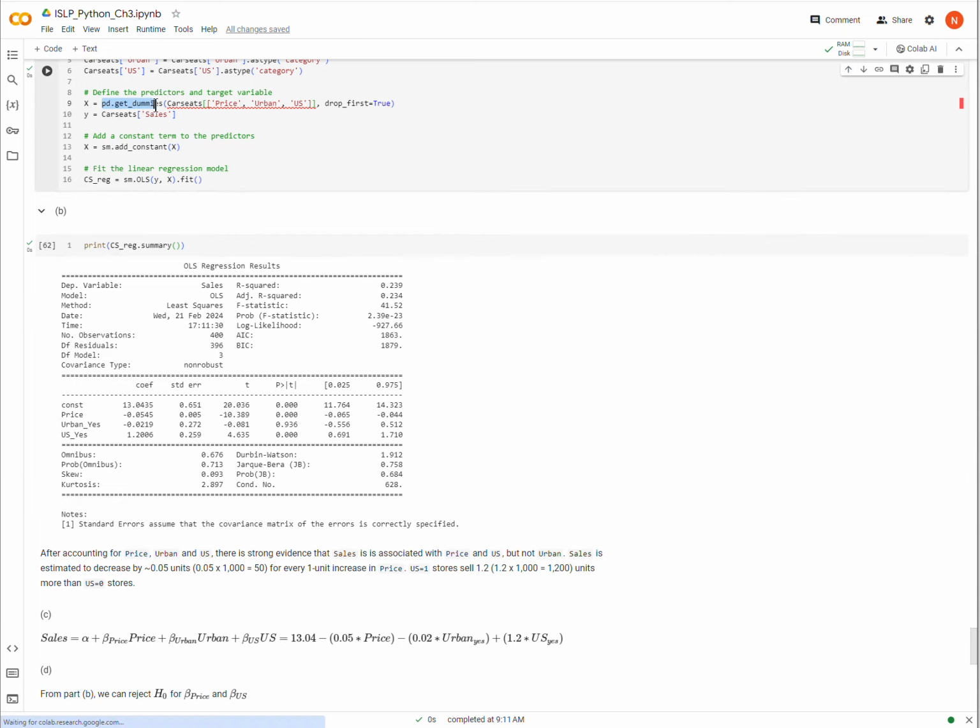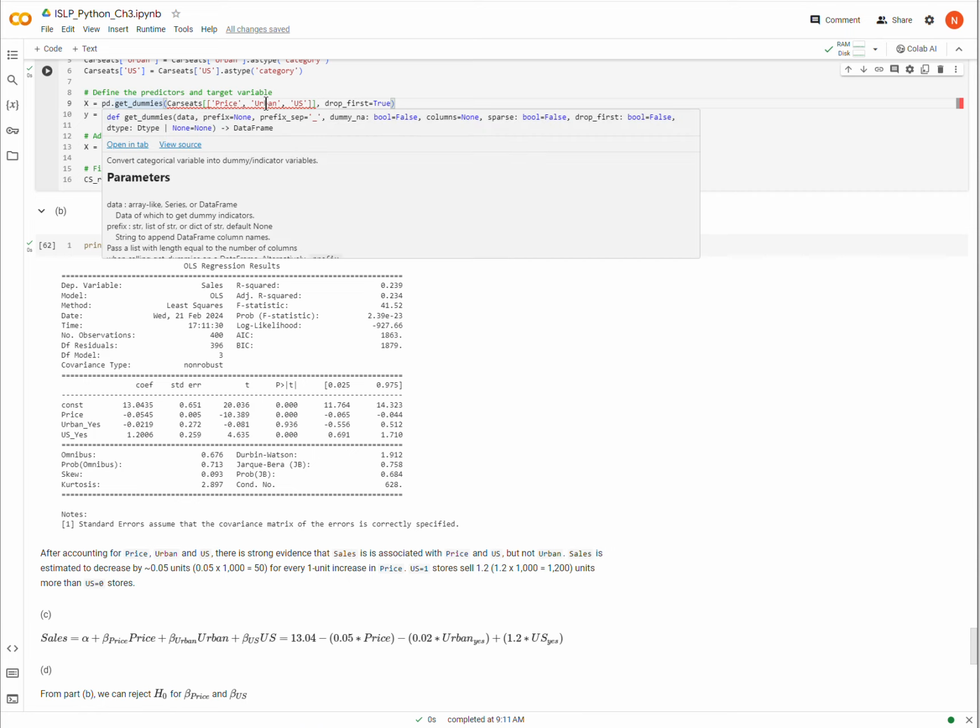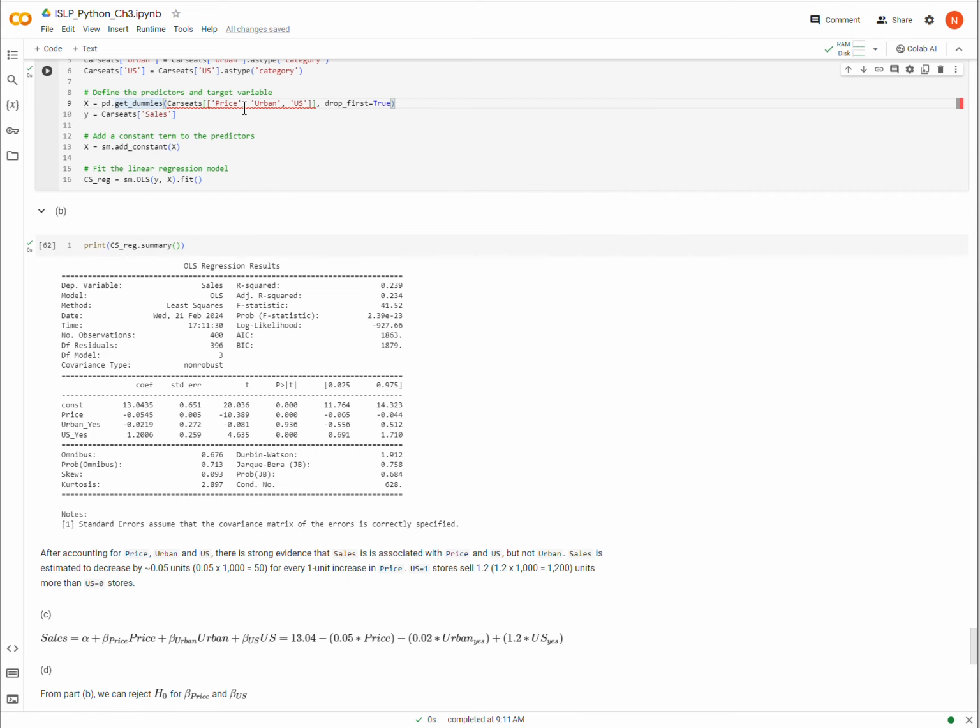That's what we're doing here, where we encode urban and US as 1 and 0. And so yes is 1, and that's what it's telling us there.